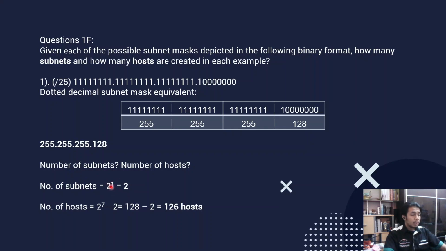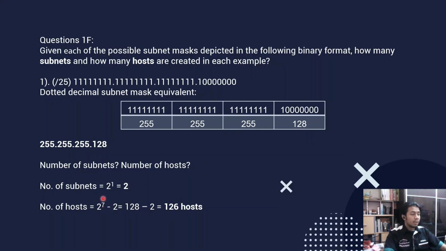So the 1 is what we take from the 1 borrowed by the network ID, where the number of hosts is 2 to the power of 7 minus 2, which is 128 minus 2, equal to 126 hosts per subnet.